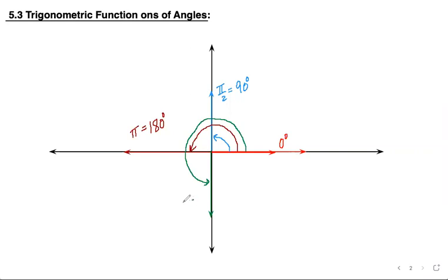This is 3 pi over 2, and this is the same as 270 degrees.